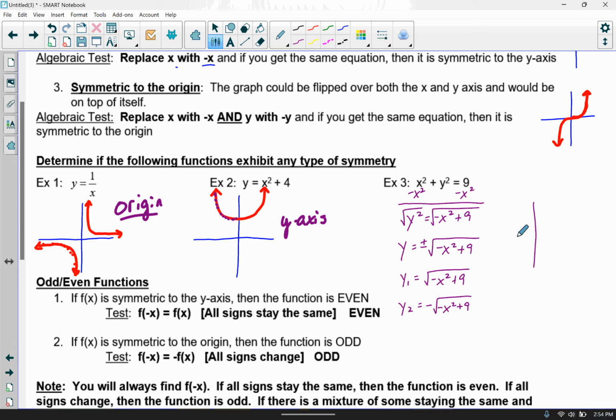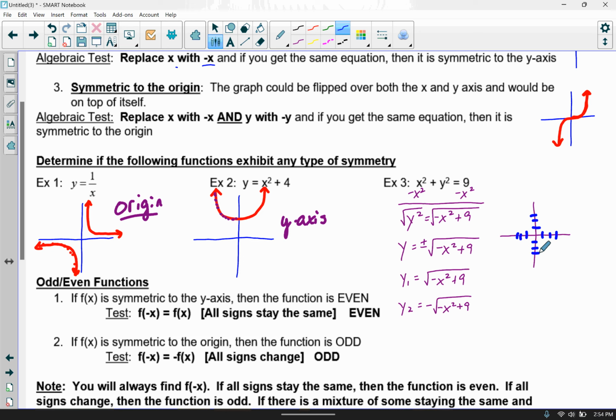Zoom 6, by the way, is always a nice window, but on this one I believe Zoom 5, because it's a circle, will look more like a circle in the window as opposed to Zoom 6. So this should be a circle centered at the origin with a radius of 3. 1, 2, 3.